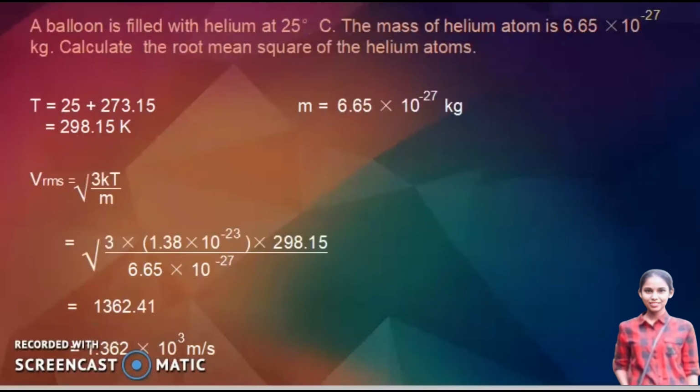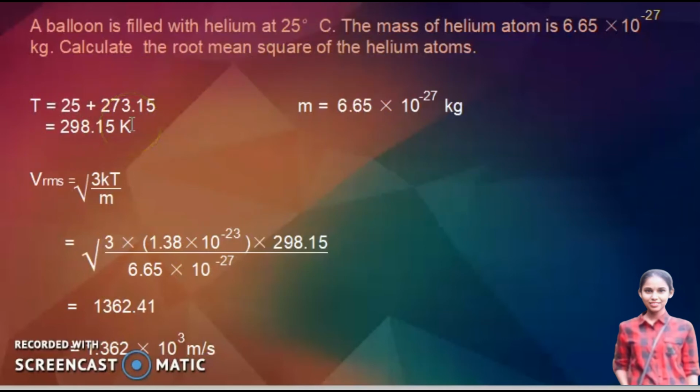Let's refer to the last question. A balloon is filled with helium at 25 degrees Celsius. Look at this, it's 25 degrees Celsius. What I told before, the unit for temperature must be in Kelvin. So what must we do? Extract the information and then change the unit from degrees Celsius into Kelvin.